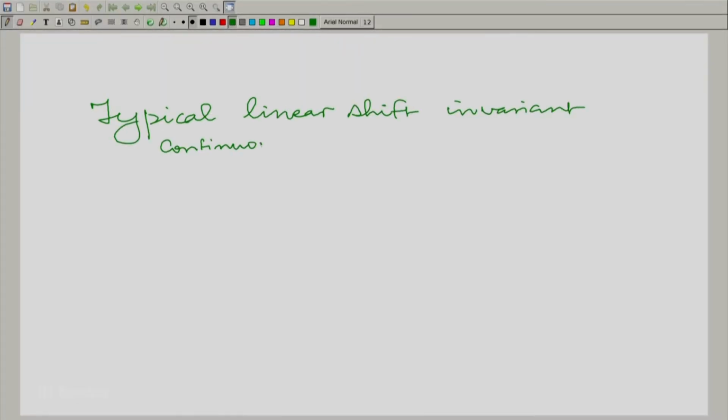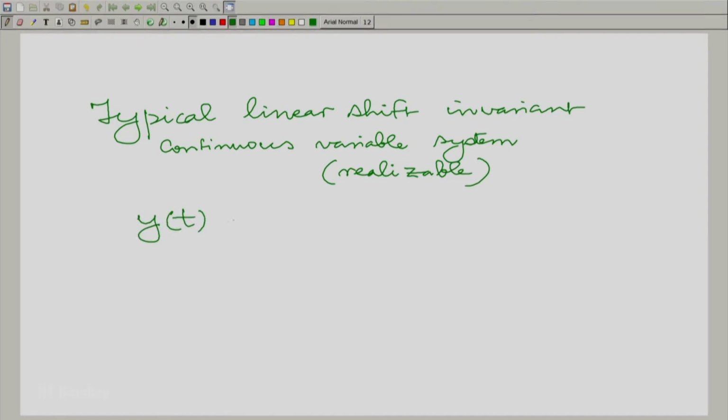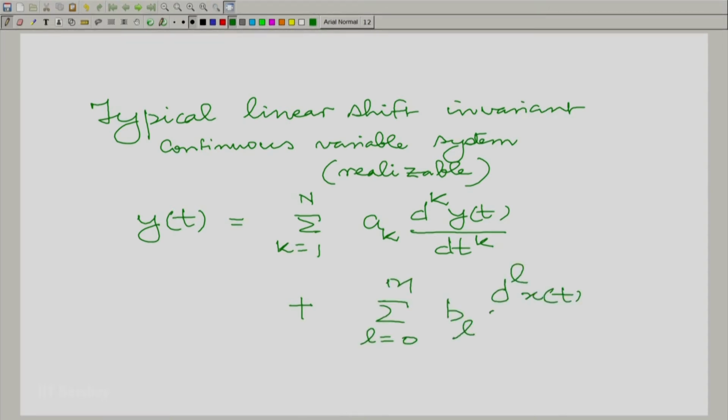Remember, if you looked at the typical linear shift invariant continuous time system, particularly one which is rational or realizable, then we said it has a typical system description given as follows: y of t is a summation, k going from 1 to n, of the kth derivative of y of t multiplied by a_k, plus a similar summation on the derivatives of the input.